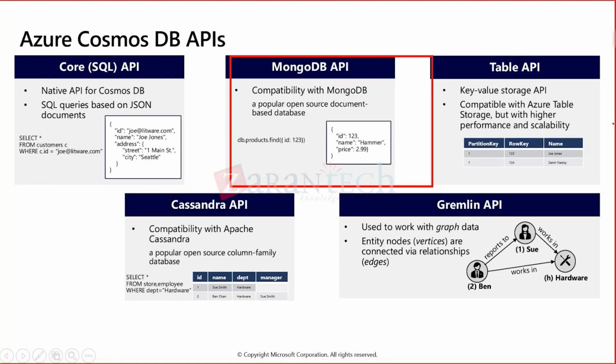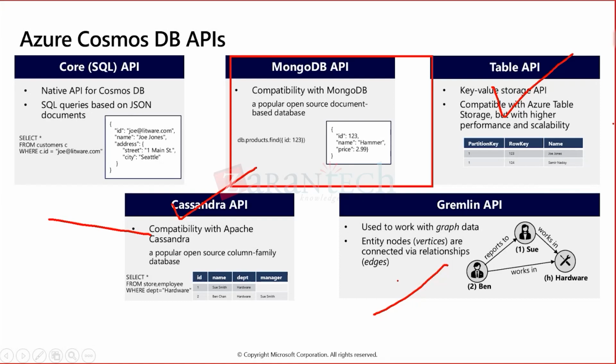And then we have the distributed NoSQL table. We have Cassandra. Apache Cassandra is also a very popular API, which is columnar storage, a popular open source column family database for reporting kind of scenarios. Gremlin Graph is a graph database from Apache. It is used by social media applications or recommendation applications.